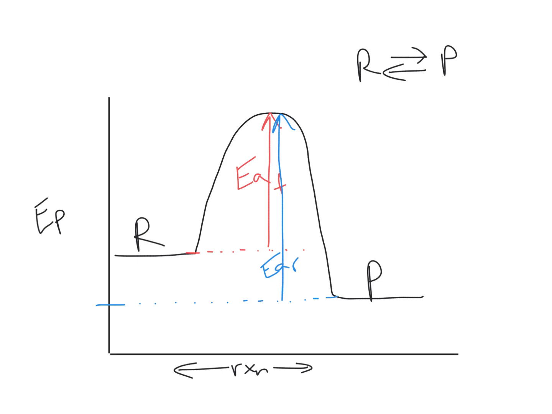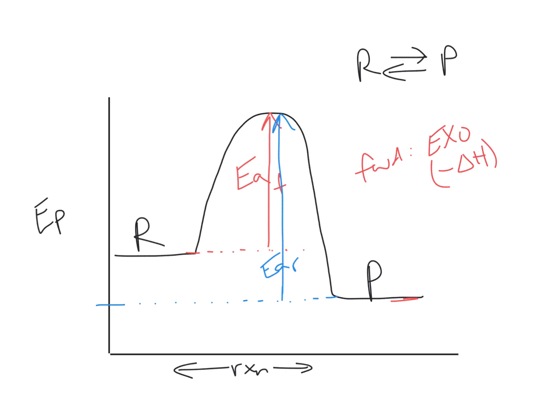Okay, so what we would see then is that in the forward reaction, the products are lower than the reactants, and so this is exothermic. It would have a negative delta H. Right, the products are lower, so it's released energy.